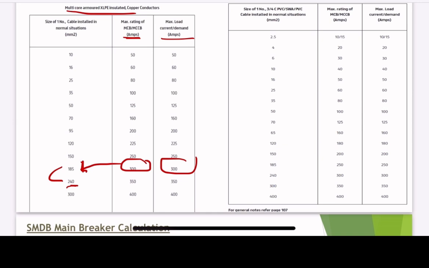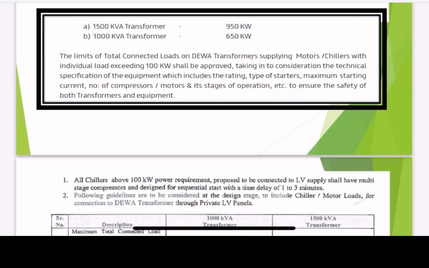So here you see for a 300 ampere breaker, the minimum required cable size is 185, but we can go for 240 and 300 square mm also. Okay, so take a screenshot of this chart, and based on this chart we will calculate the other SMDB cable ratings or sizes.